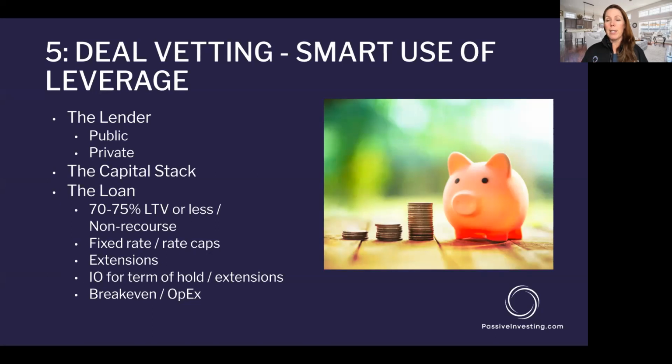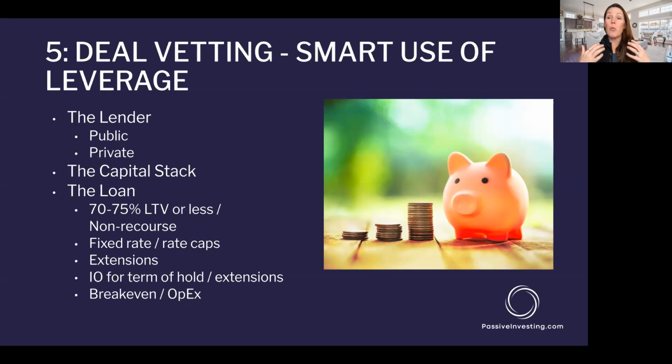We call them GSE debt, Fannie Mae, Freddie Mac type debt. Most importantly, you just want to make sure that the lender is reputable and it's ideally somebody that they've worked with, okay, they have a relationship with. The capital stack, we took a look at the capital stack.